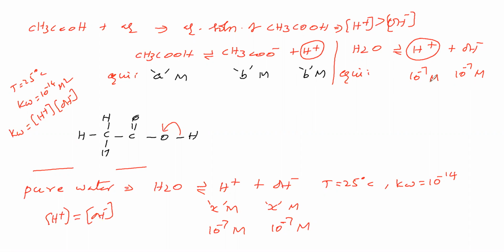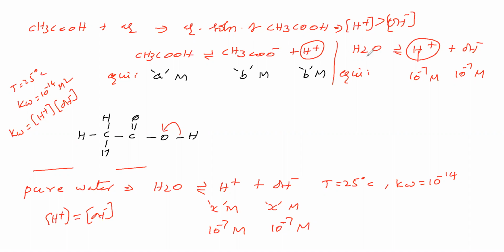But the product of these two concentrations is 10 power minus 14 at 25 degrees Celsius. H plus concentration need not be equal to OH minus concentration in this solution. That's why this solution is an acidic solution.